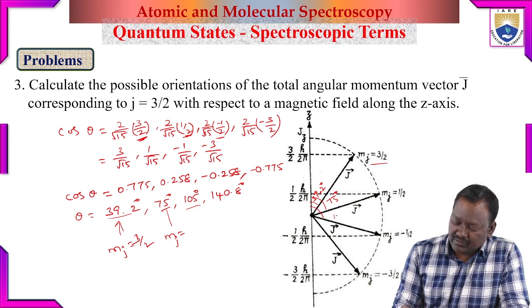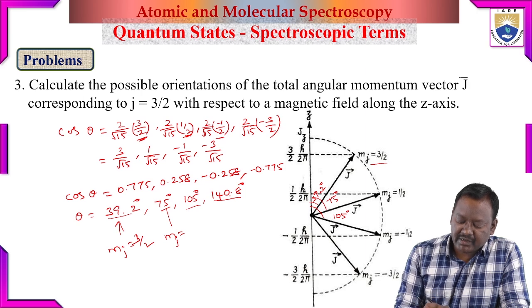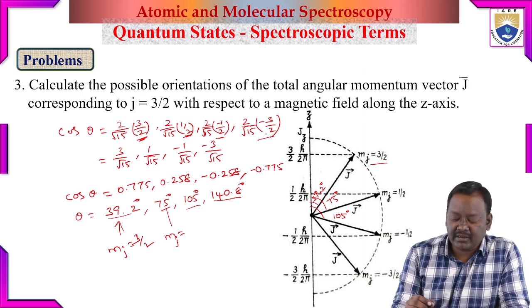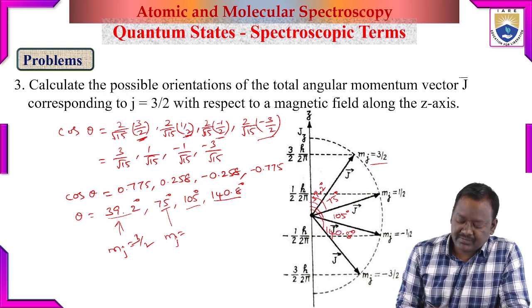For mj value minus 3/2, we obtain 140.80 degrees.